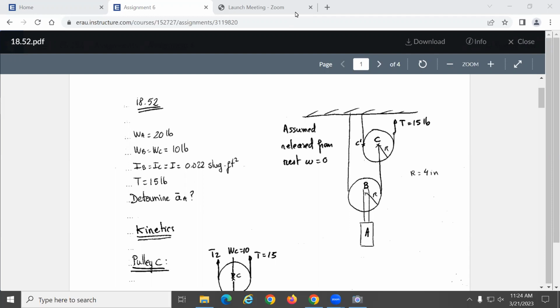And T equal to 15. 20. .22 and R. Okay, both pulleys are the same. Okay, determine the acceleration of A.